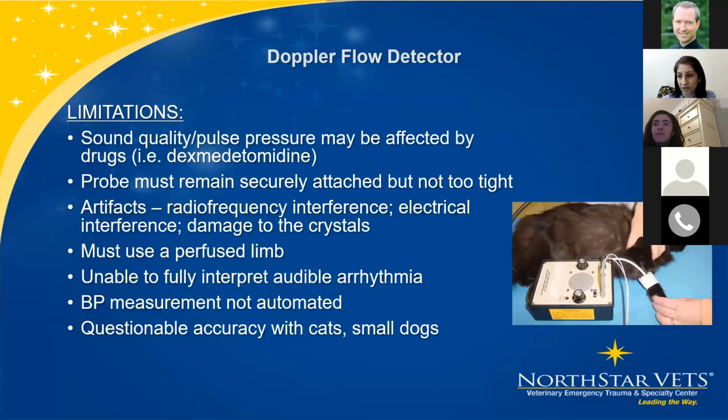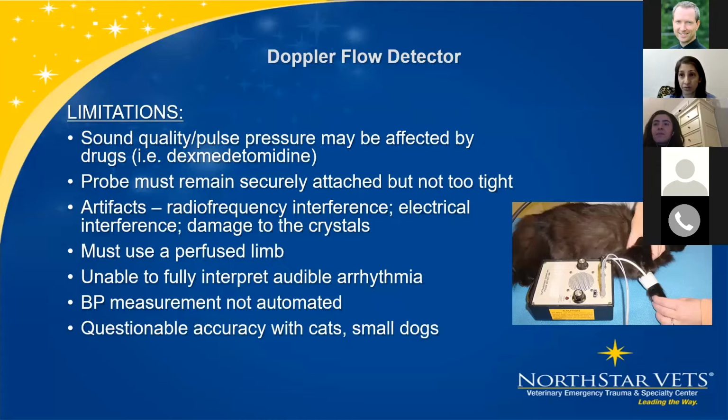In recent years, studies have been comparing Doppler measurements to invasive blood pressure with the finding that these values don't actually correspond to a systolic blood pressure. So historically in the past, we always thought that the number that we obtain from the Doppler is always going to be a systolic blood pressure. That's not necessarily the case anymore, especially with our smaller patients.